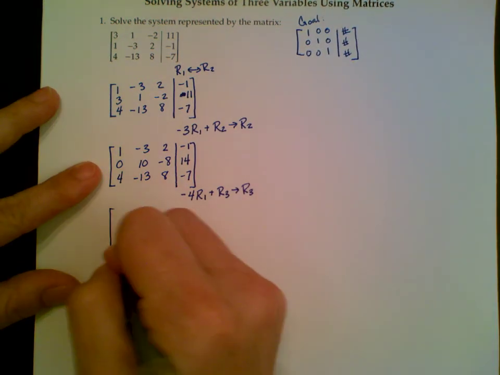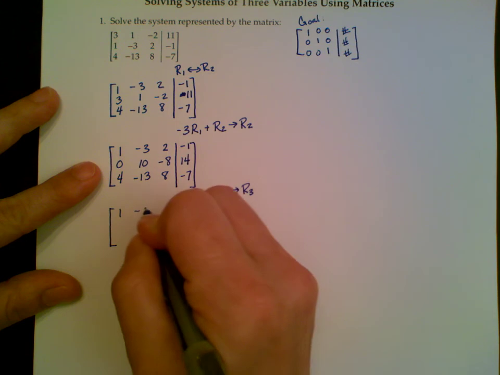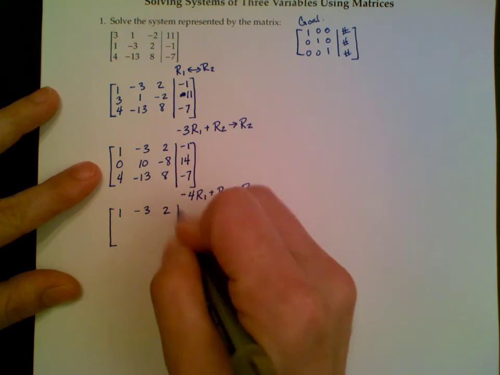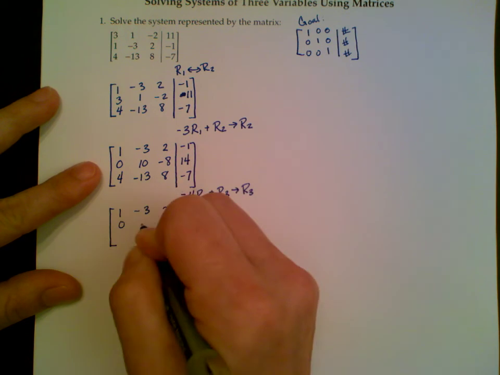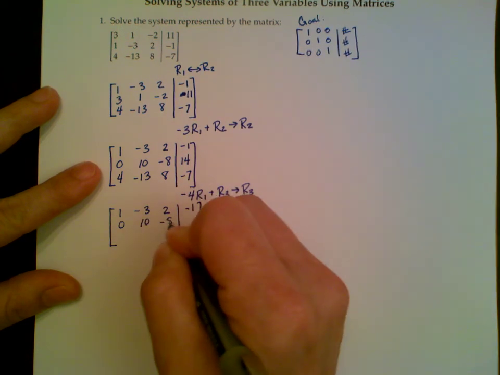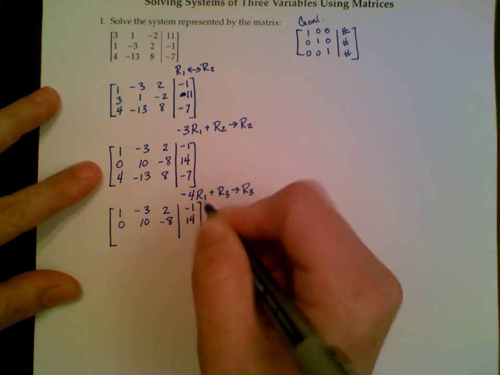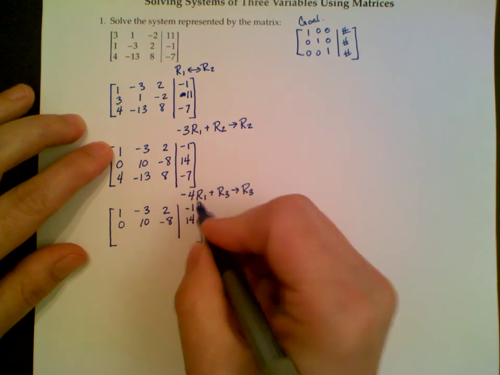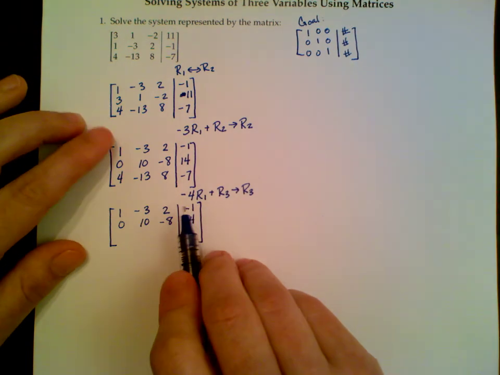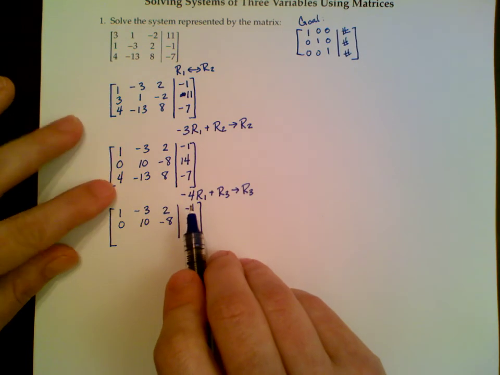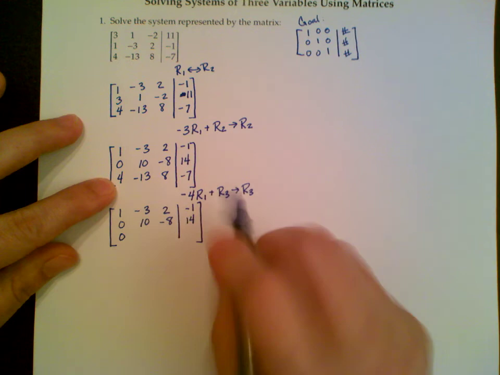So now I get to recopy my first 2 rows. And now I'm going to perform the row operation. Negative 4 times 1 is negative 4, plus 4 is 0.